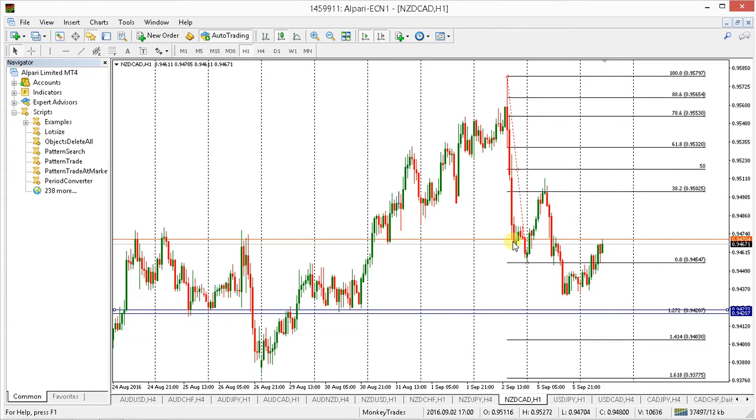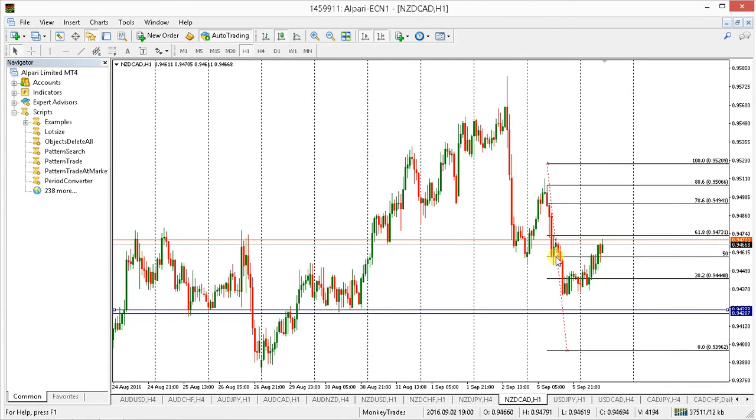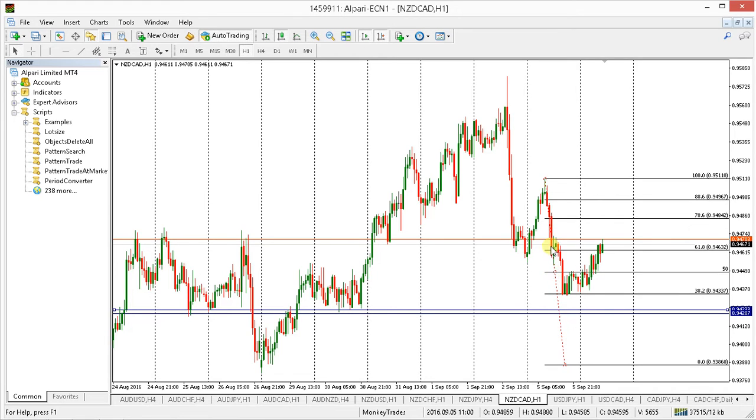And the next thing you need is an ABCD pattern. It is a one-to-one measured move. So this is the AB movement. You just drag it to start from C. The CD movement should be equal to the AB movement. And you mark the completion of ABCD with this line.